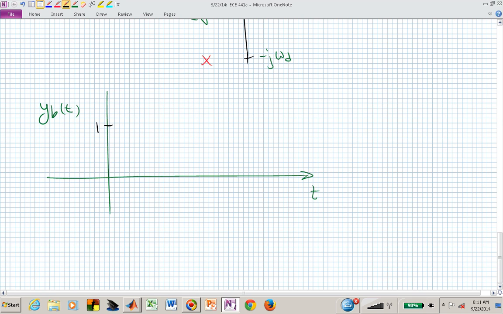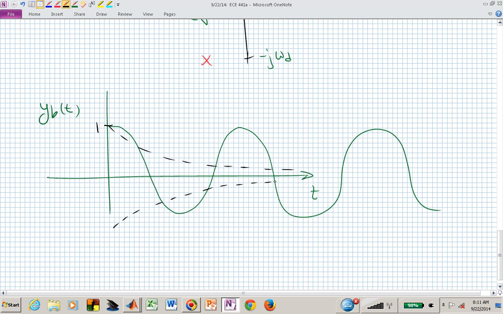And if it was just a cosine waveform, then it would look like that. But it's actually exponentially damped by that e to the minus sigma t piece.